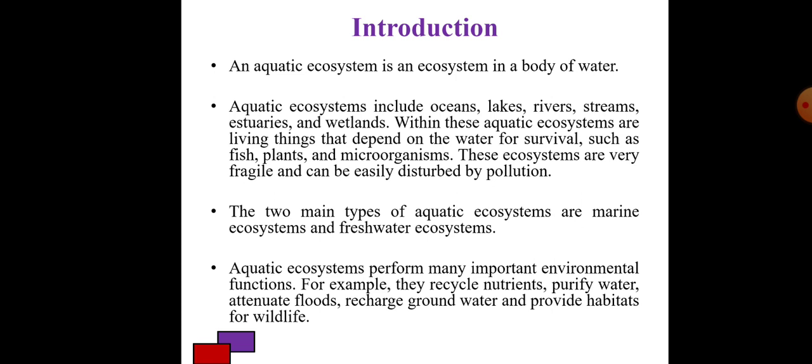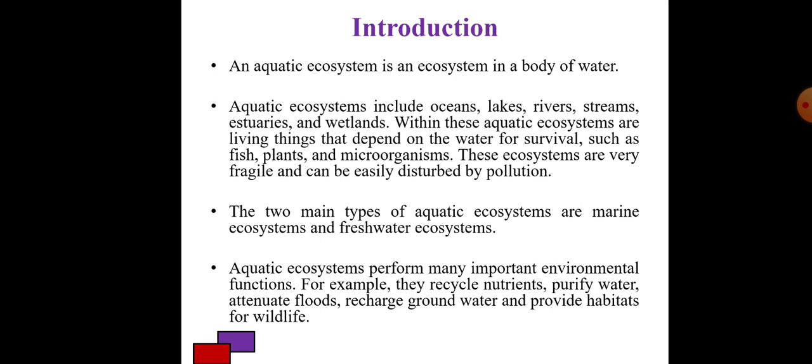These ecosystems are very fragile and can be easily disturbed by pollution. So normally an aquatic ecosystem is a body of water. Okay. Then the two main types of aquatic ecosystems are marine ecosystem and freshwater ecosystem.